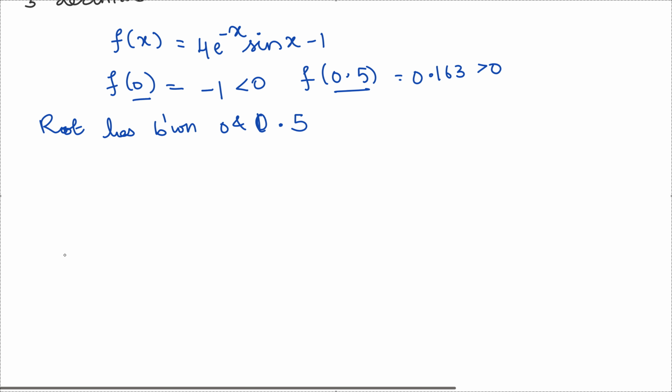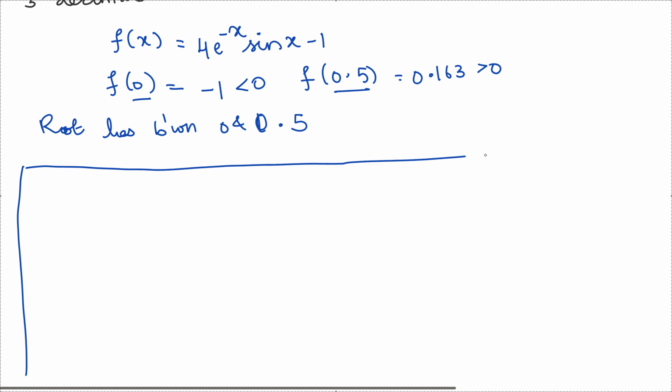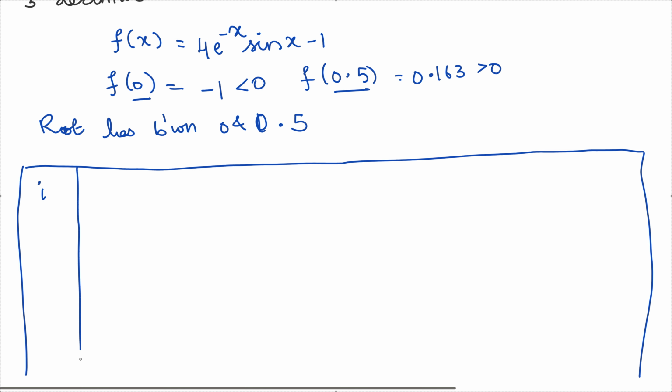Now let's start our table for the Regula Falsi method. So the first column is i, iterations. The next column is interval a comma b, and the next column is xi.